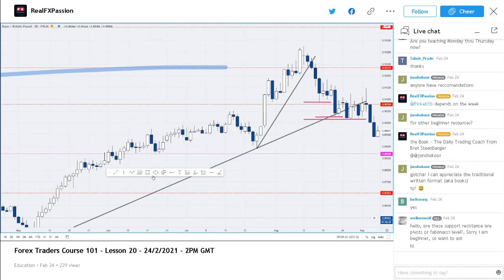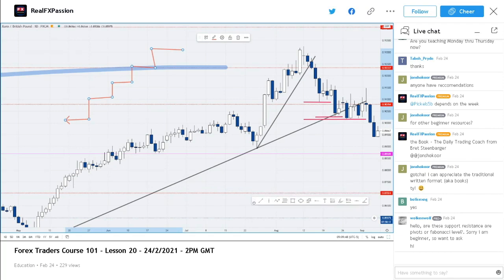And remember, the same we did on support, where we went from right to left, building a set of stairs to find the levels of past support. We are going to do the same on every currency pair, on every time frame, to find past resistance. We're just going to go in the opposite direction.